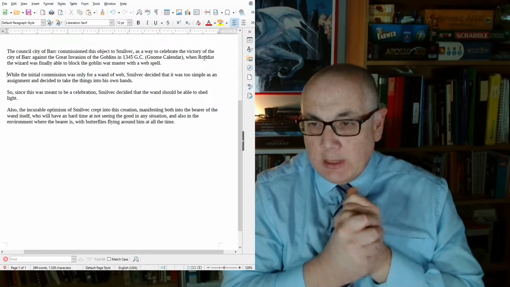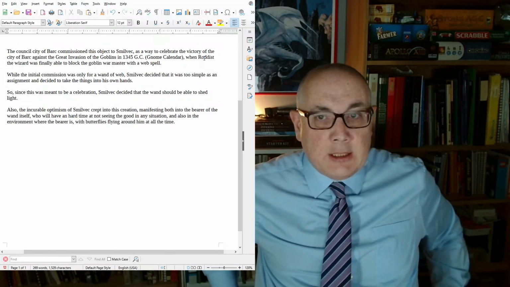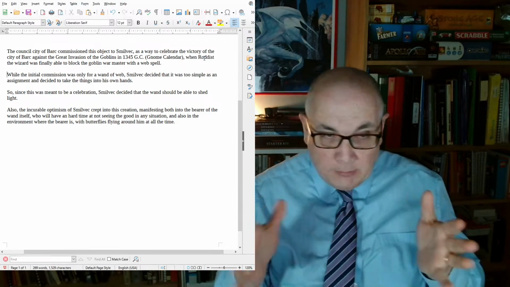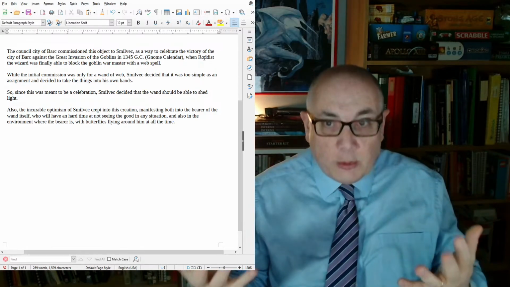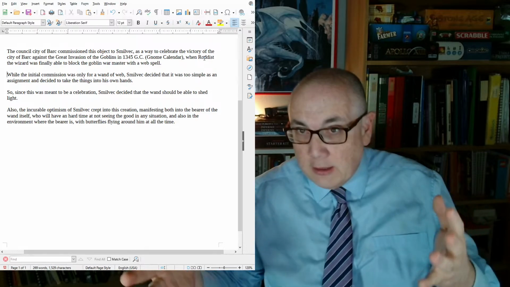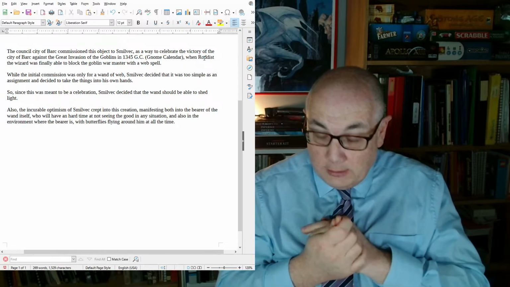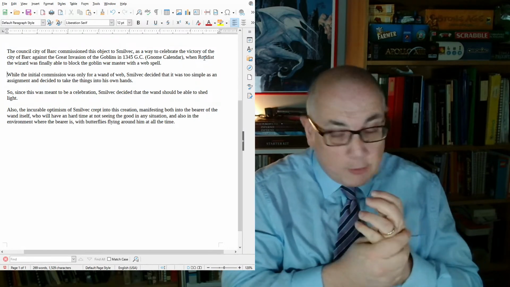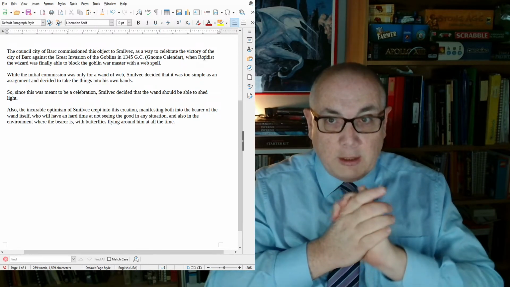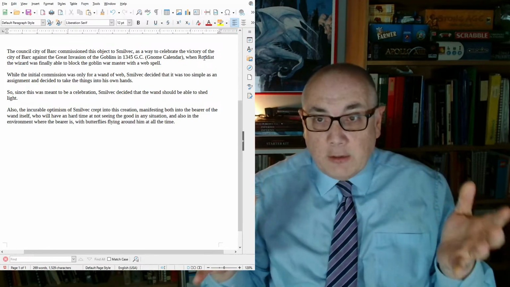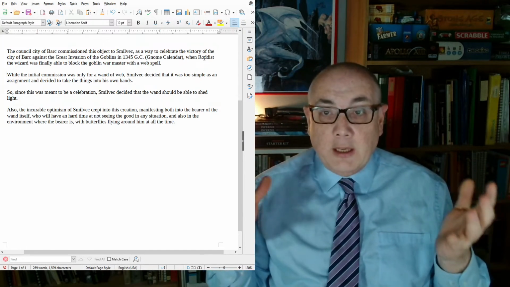Okay. So this is more or less our idea at this point. We have started with what was Wand of the Web, which is essentially a magic wand which allows you to cast the web spell. We have decided that it was created by goblins, sorry, by gnomes, and now we are saying that it was created to celebrate a great victory against goblins, where the web spell was specifically useful.